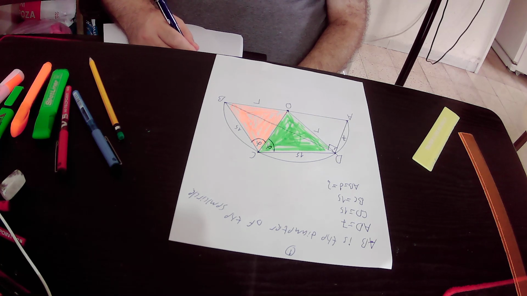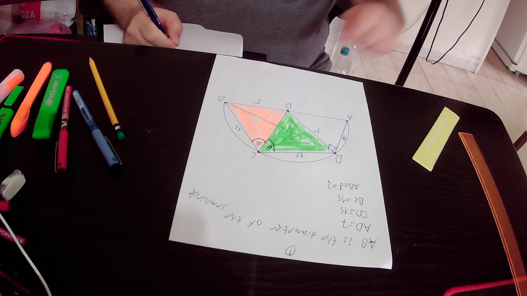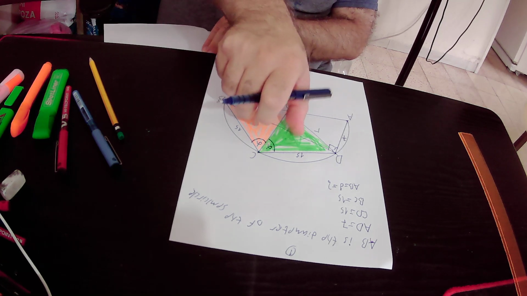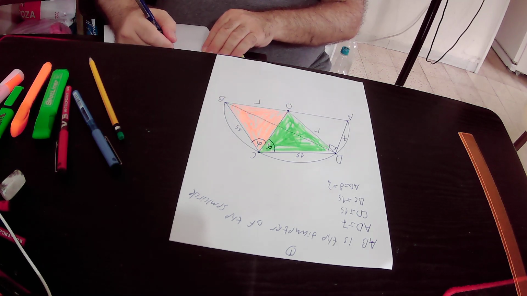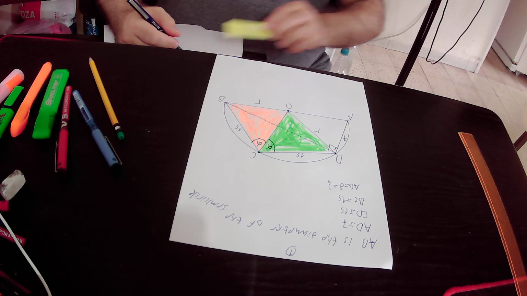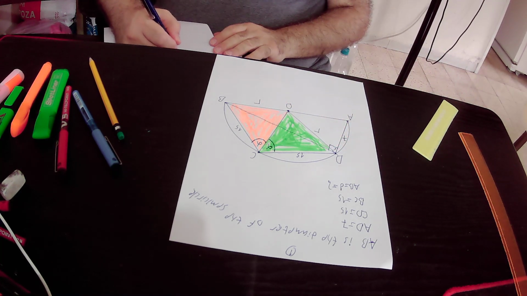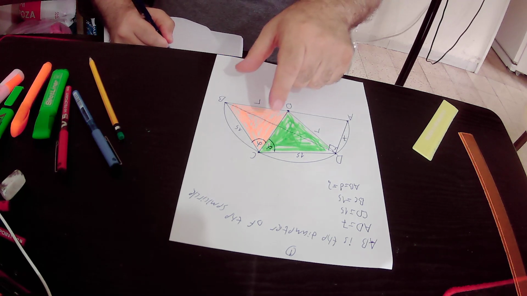In triangle BCD, side CD equals side CB.